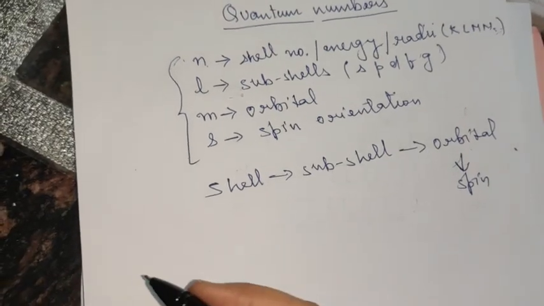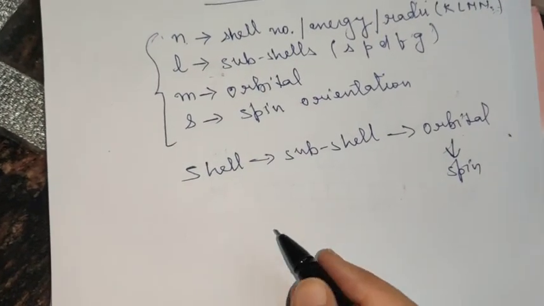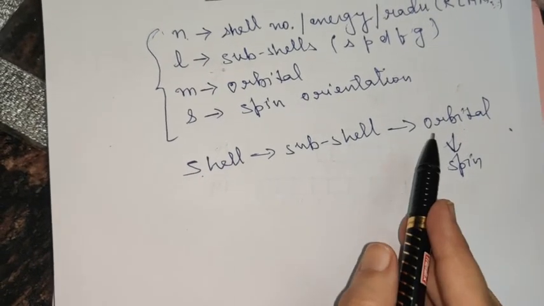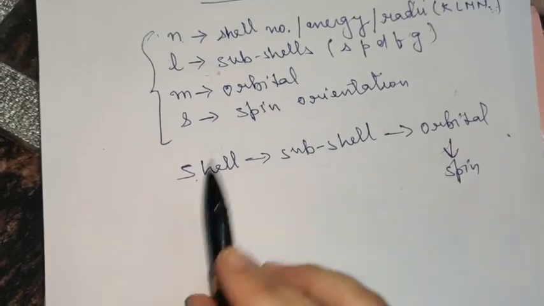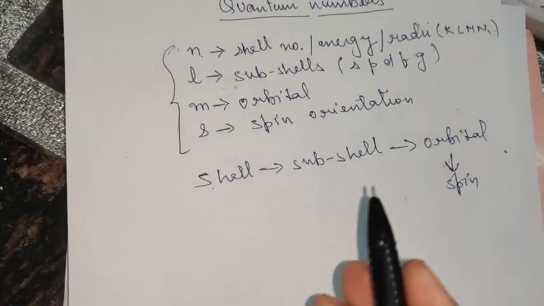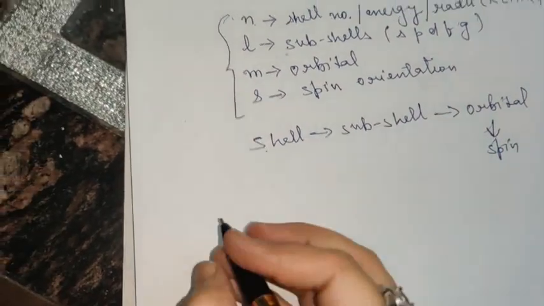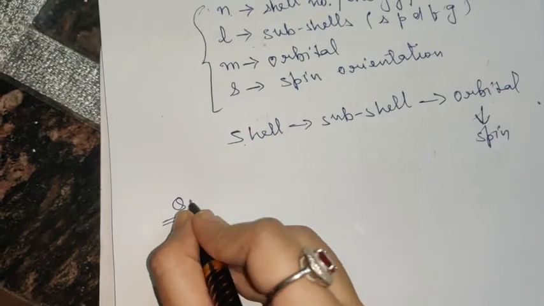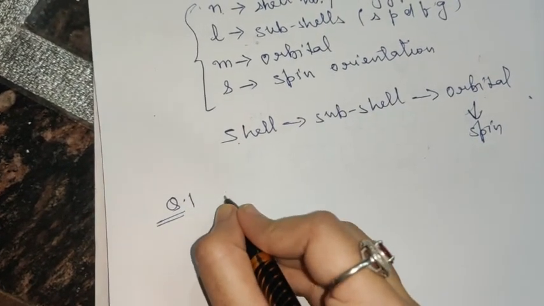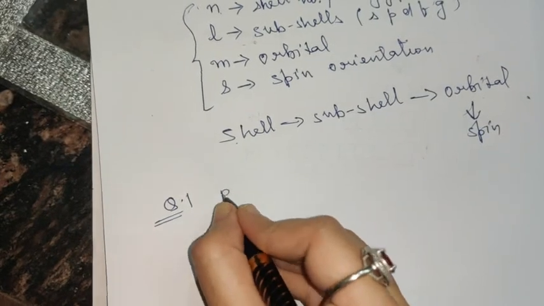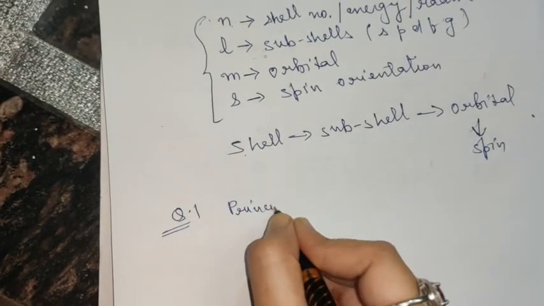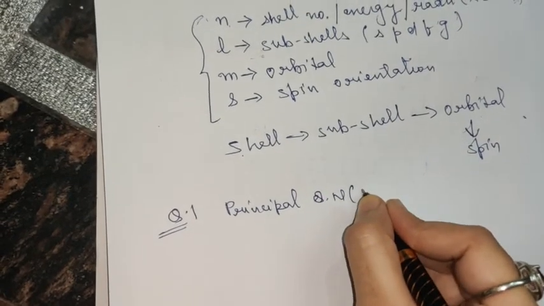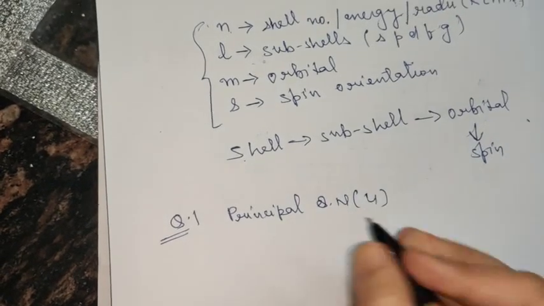And then the other part is what are the calculations, what are the formulas that we use to find out the various values. To explain that, I am taking an example. Suppose, take it as question number 1. Suppose the value of the principal quantum number n is given to you, that is 4.